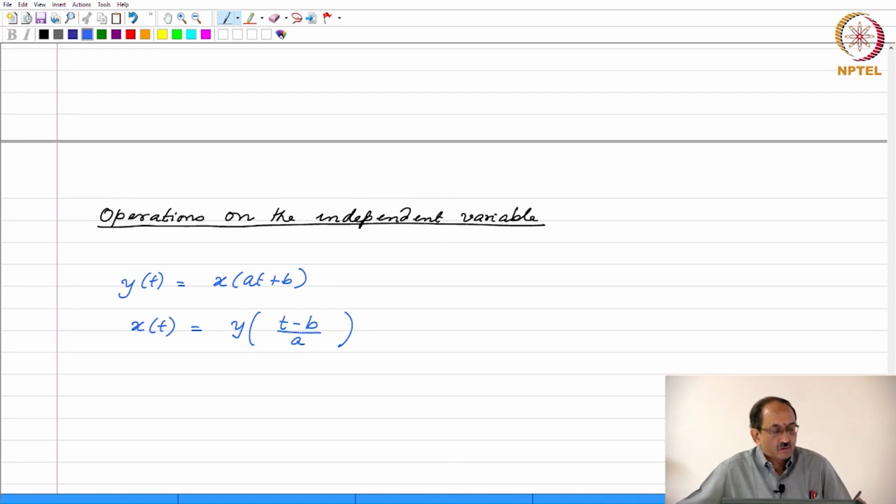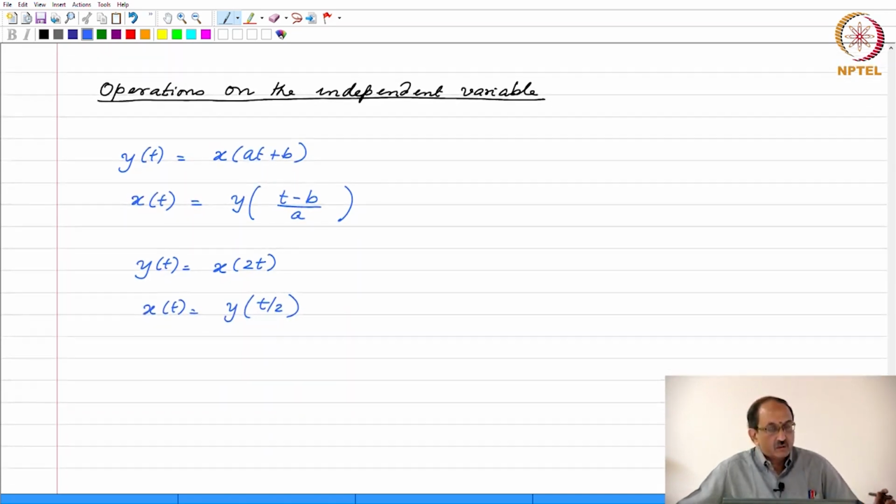All right, because wherever t is there, if you replace t by (t minus b) by a, you will get back x of t. So if y of t is, say, x of 2t, then x of t is y of t by 2. So given the compressed or expanded signal with a possible reflection and also shift, you can undo the operation of the affine transform and get back your original signal, right?